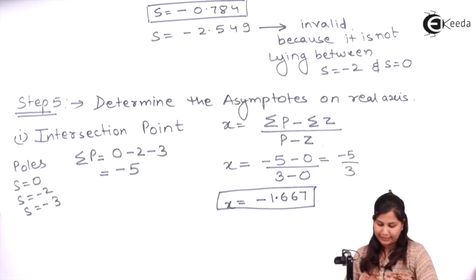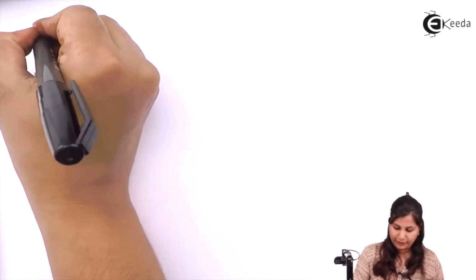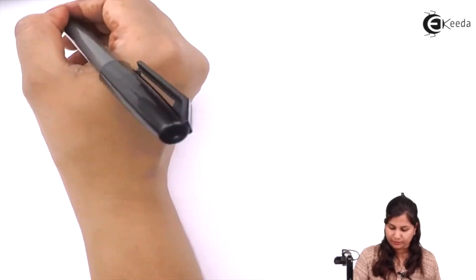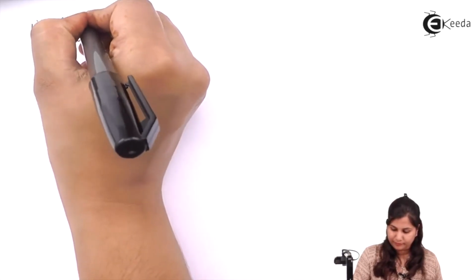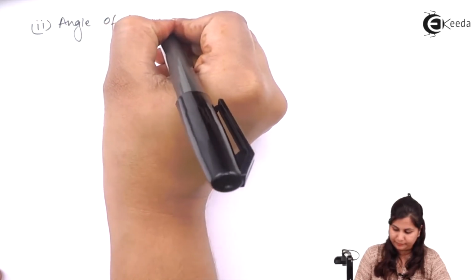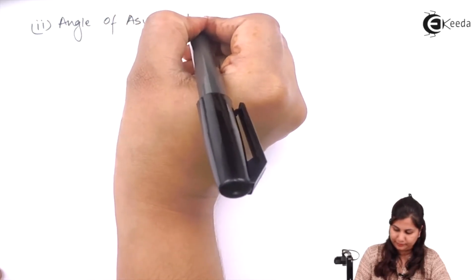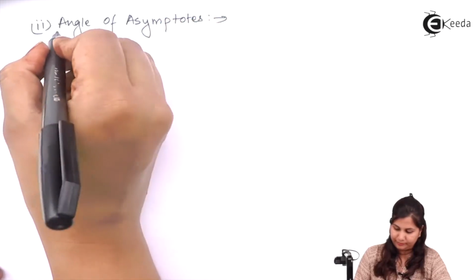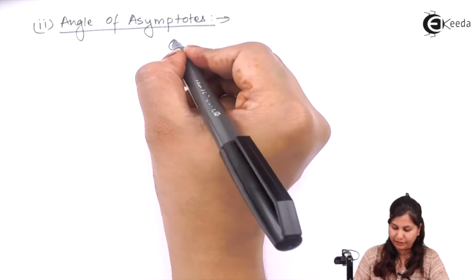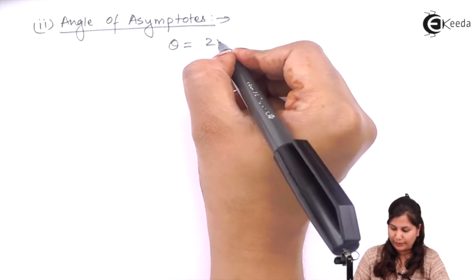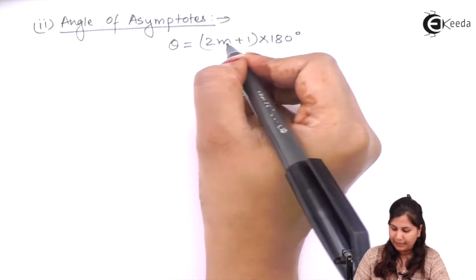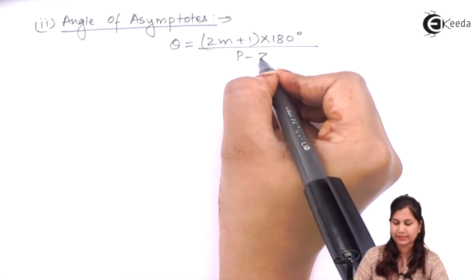Now in the second part we will find out the angle of the asymptotes. How can we find the angle? We have a formula for it. Theta equals (2m plus 1) into 180 degrees divided by p minus z.